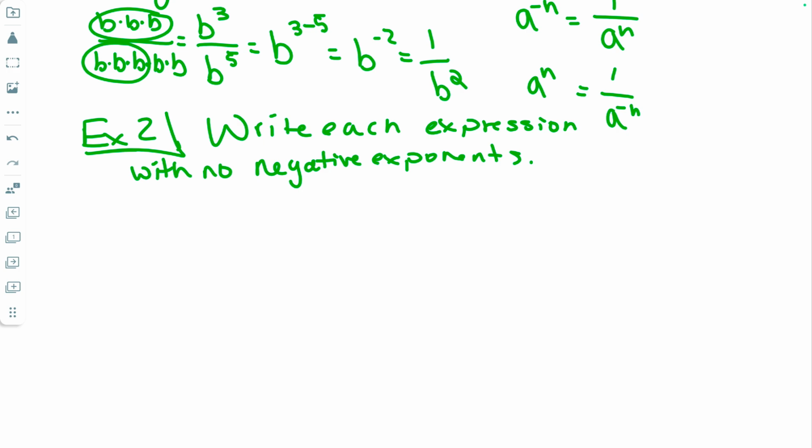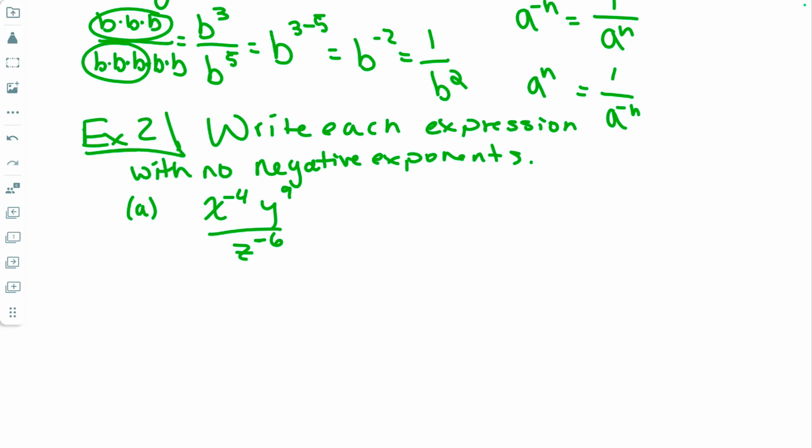Here's the first one. X to the negative 4, y to the 9th over z to the negative 6.